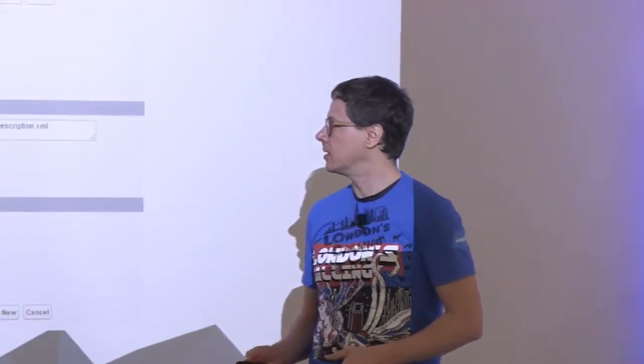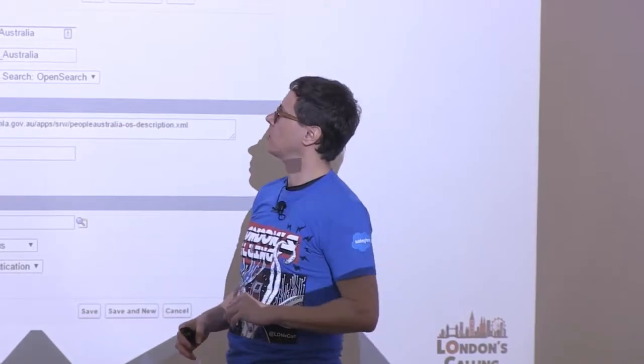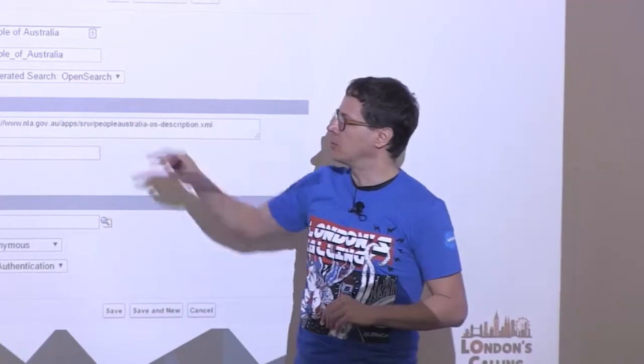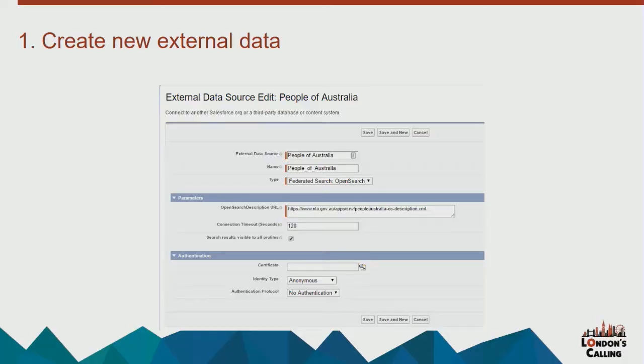And all it needs is something called an OpenSearch description. This is a simple XML file. So you go into Setup, External Data Source, New External Data Source. You give it some name, set the type to OpenSearch, and put the link to the OpenSearch description, if you have it. The National Library of Australia has such a file, so I put it here.